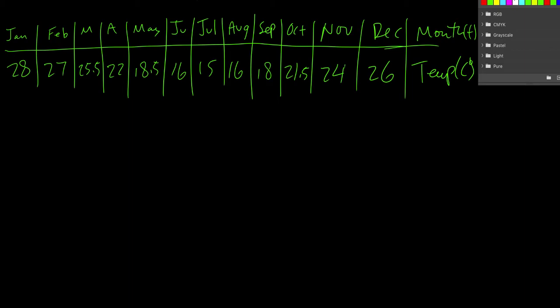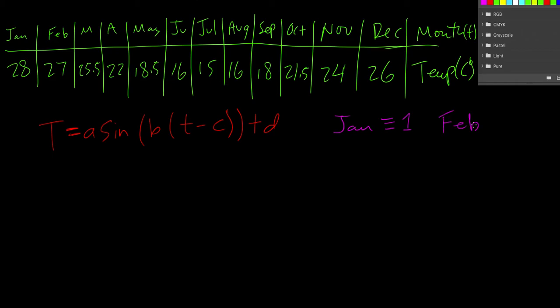All right. So it says we want to model the data with a trigonometric function of the form t equals a sine. This is just the same thing we used on the previous problem. Okay, and they're saying that January is congruent to 1, February is congruent to 2, etc. So it's not like the first problem on this video where it was off.